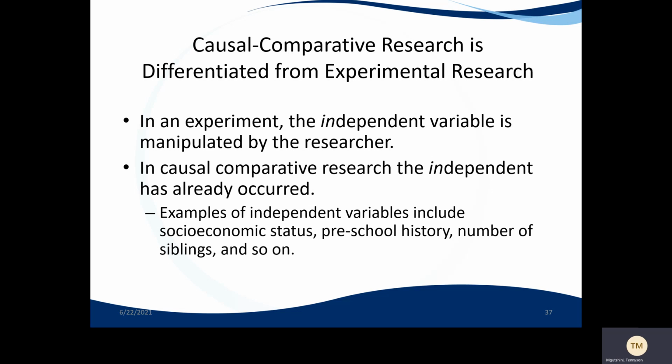The thing that you would have manipulated has already occurred, so yours is to observe it. But your interest, once again, is to observe that one particular variable and its impact on more than one group. So that's literally what the difference is.